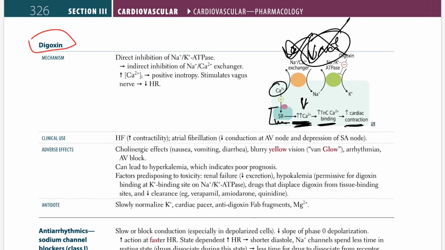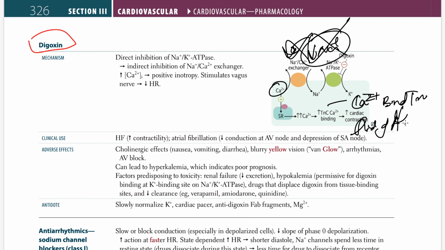So now this is also important. What is important here is calcium binding. So let's just write this. Calcium binds troponin. When it binds troponin, it leads to sliding of actin and myosin filaments.